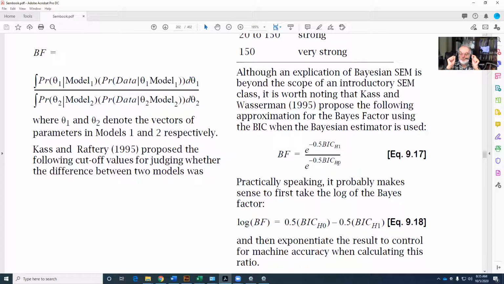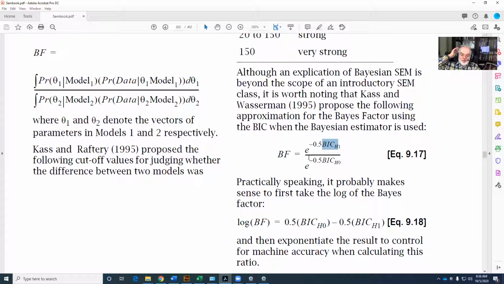And they'd come to me and say, well, it doesn't work. Well, the reason it doesn't work is these numbers, these BICs, are generally speaking large values. So you're outside the mathematical precision of what Excel does when you say, let's take e to the, maybe 1,000 times minus 0.5. It just goes outside the rounding error of the machine.